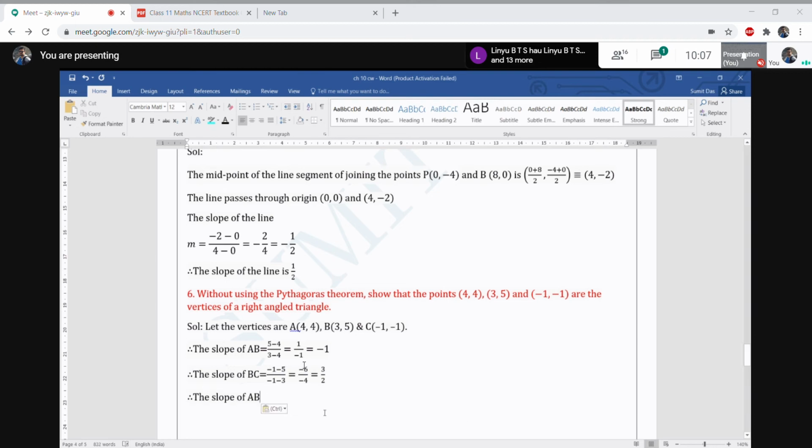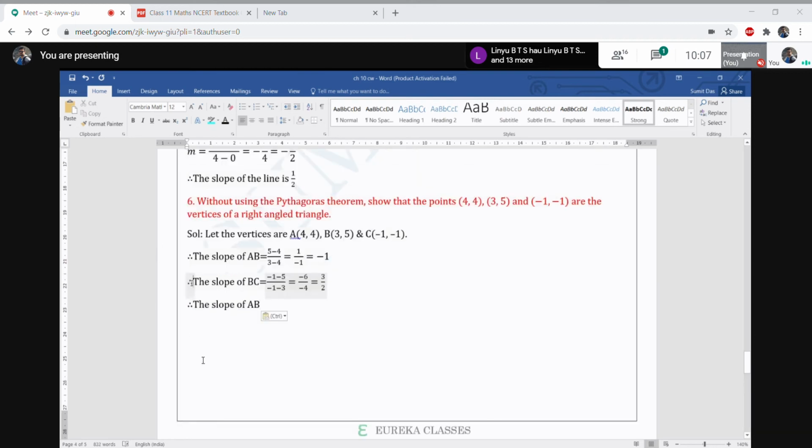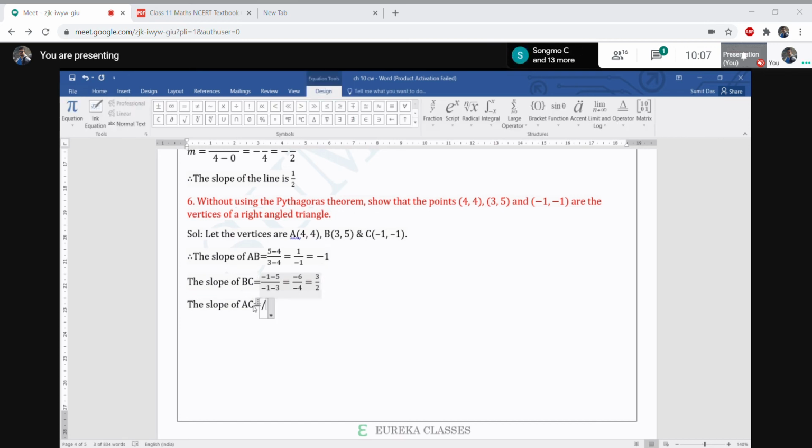Then the slope of AC. Slope of AC is equal to... we'll consider A and C. For A and C, what is y2?